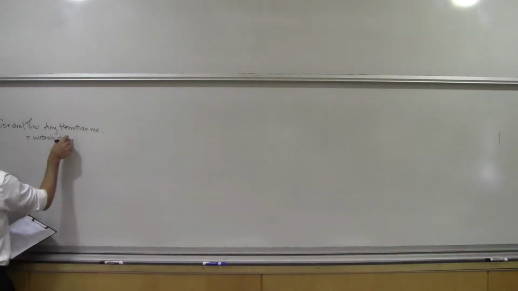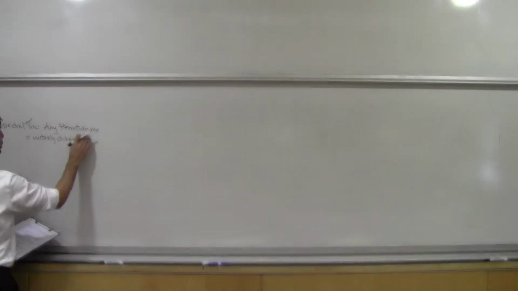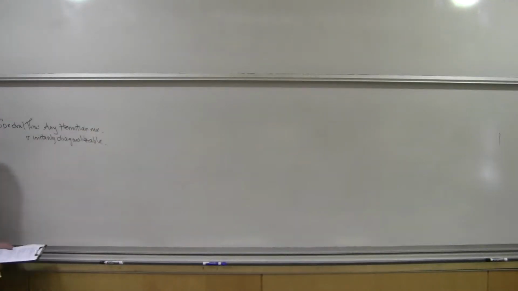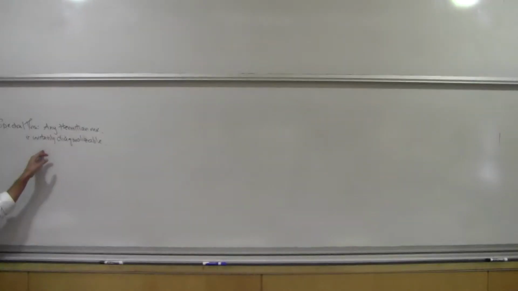And the way we got it was by using Schur's theorem, which said that any matrix is unitarily upper triangularizable.